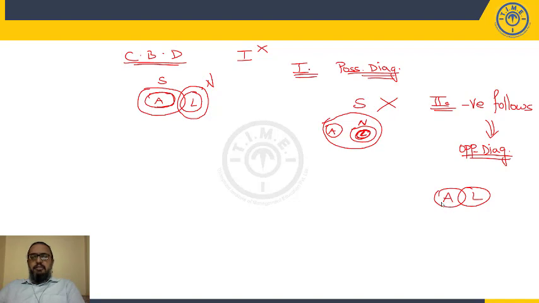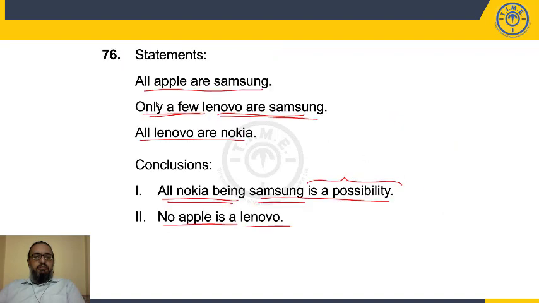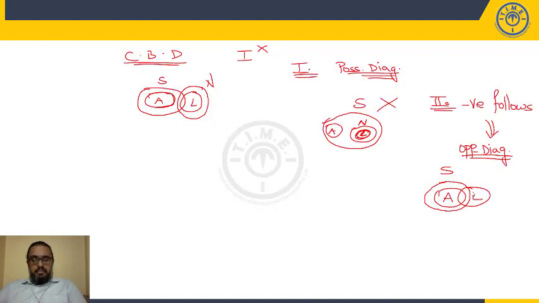Now you redraw the statements. The first one is all Apple are Samsung. And the second one, only a few Lenovo are Samsung. Yes, here it is already satisfied. And the third one, all Lenovo are Nokia. Am I able to satisfy? Yes. The opposite diagram is able to satisfy the statements. Hence, the given negative conclusion does not follow.